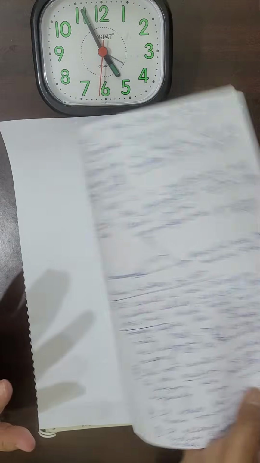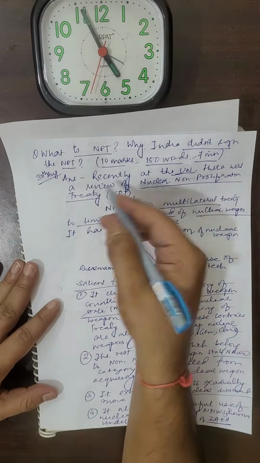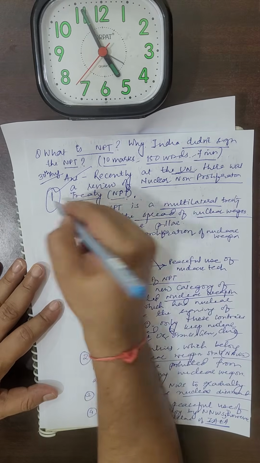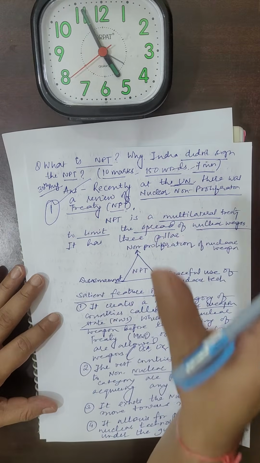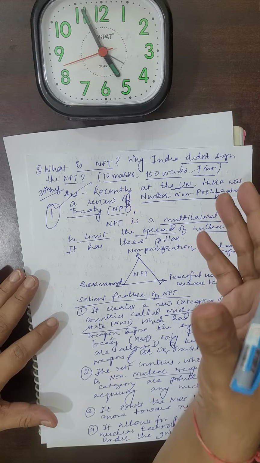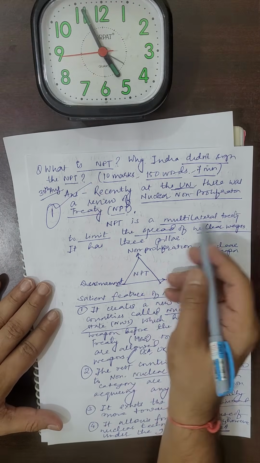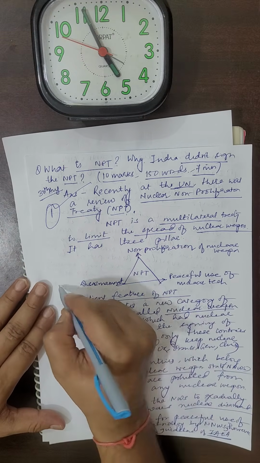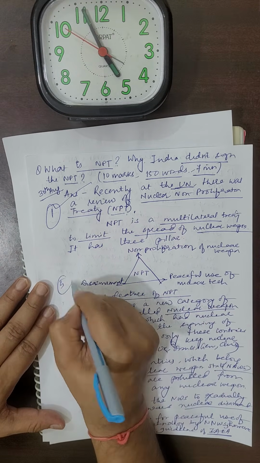You see how we have written the answer. We have given the introduction, so you can easily expect 1 mark for it because it's a beautiful introduction which explains the context. Then you explained what is NPT, drew the diagram, and gave 4 points. You can easily expect 5 marks here.